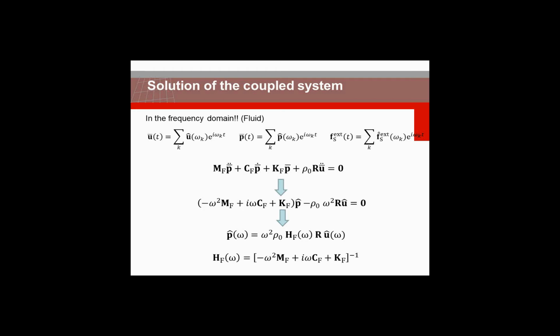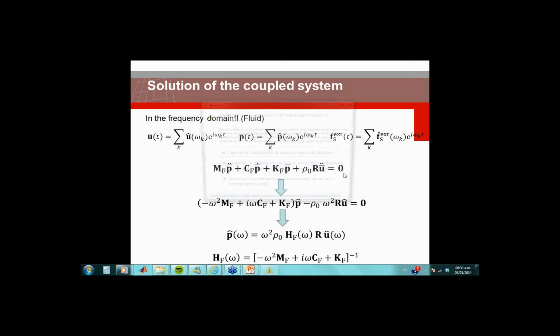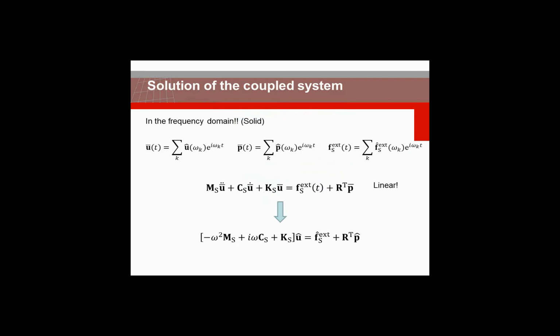So we have an explicit relation obtained just from the first equation, the equation of the fluid, and this is in terms of a matrix HF, which is in terms of the excitation frequencies and of the matrices that define the fluid domain in the equation.